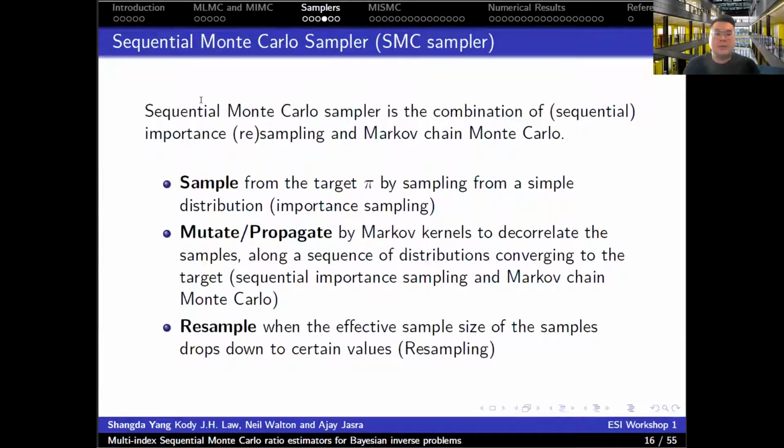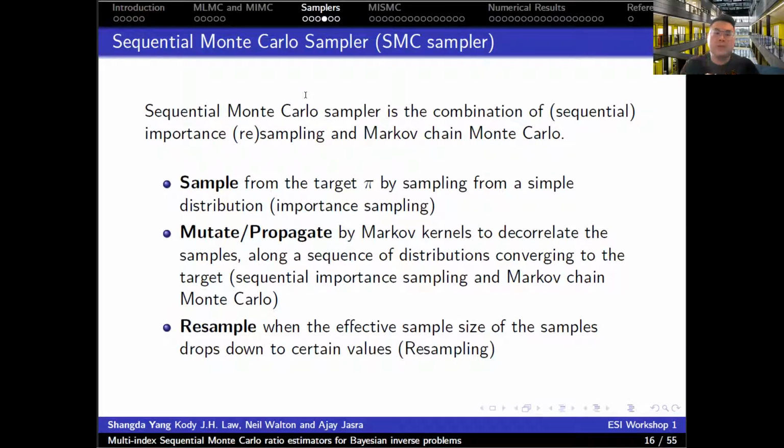Another method is the sequential Monte Carlo sampler. It is a combination of sequential importance sampling, resampling, and Markov chain Monte Carlo. We first sample from a simple distribution, which is the importance sampling part.